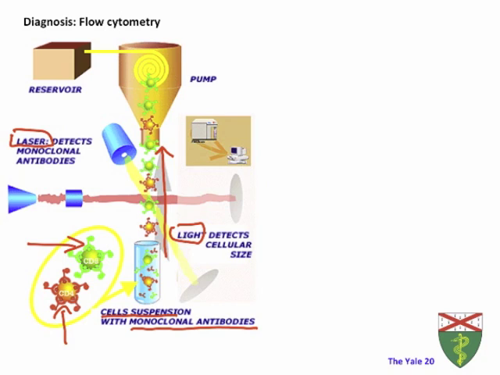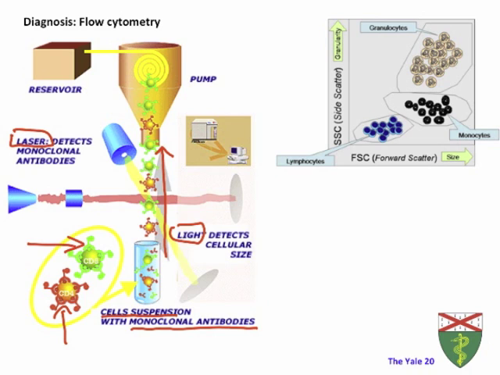And then we have a laser too, actually a couple of lasers that can detect monoclonal antibodies that are labeled with fluorochromes. And depending on what spectrum of fluorescence gets emitted, you can make a conclusion of what surface antibodies attached to the cells and what are the surface markers on the cell membrane. Okay, so how does that look like for the light detection as an example?